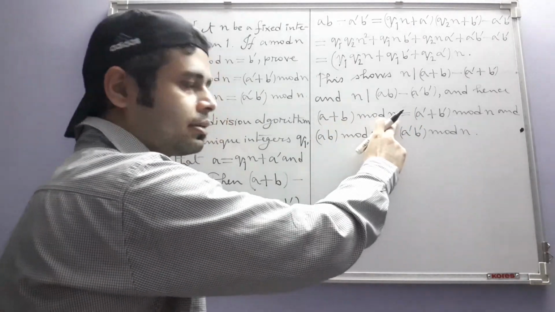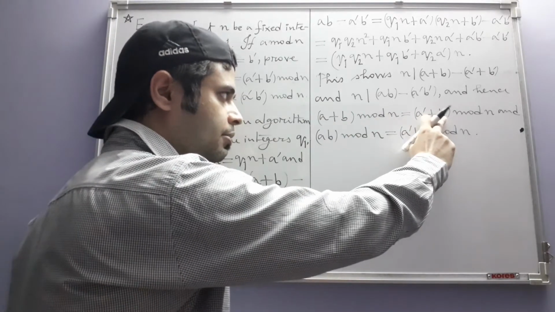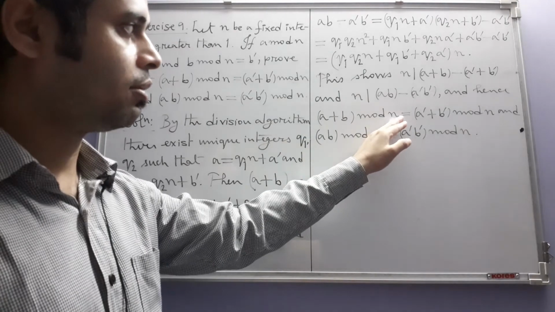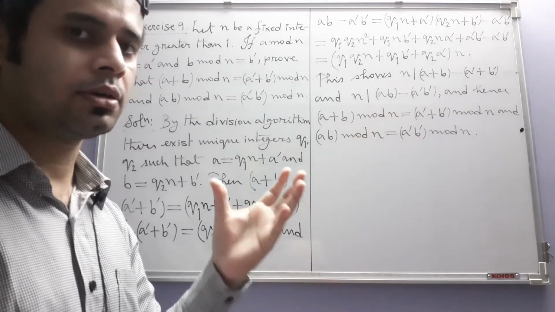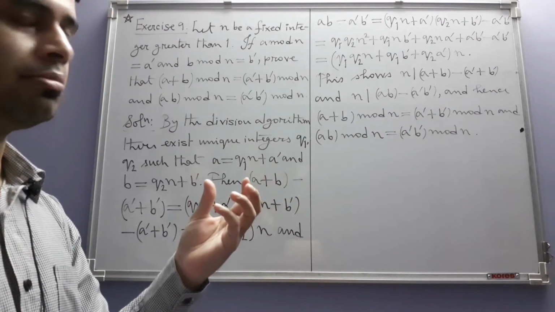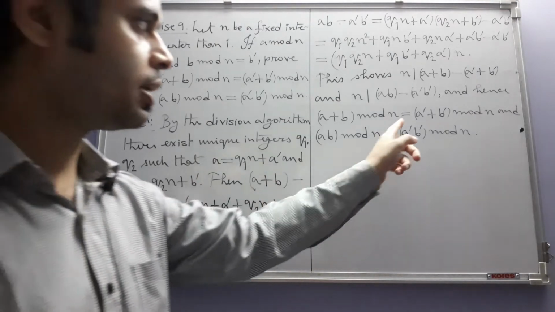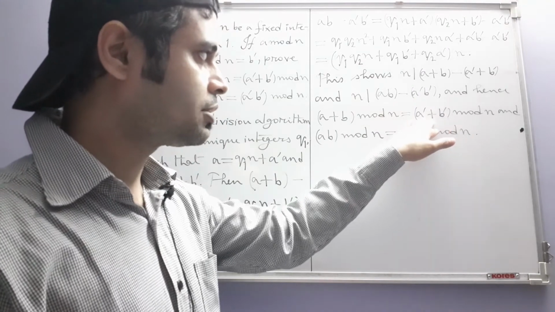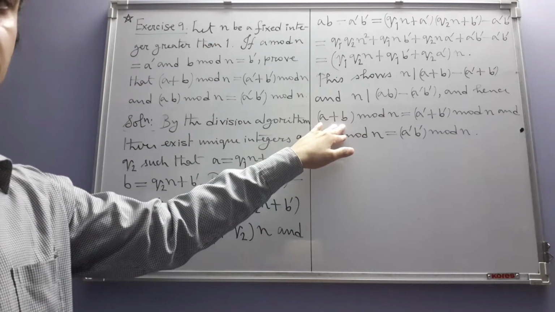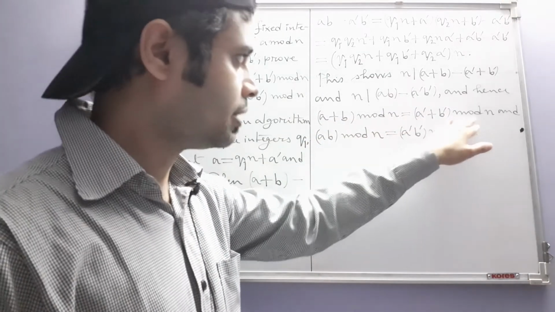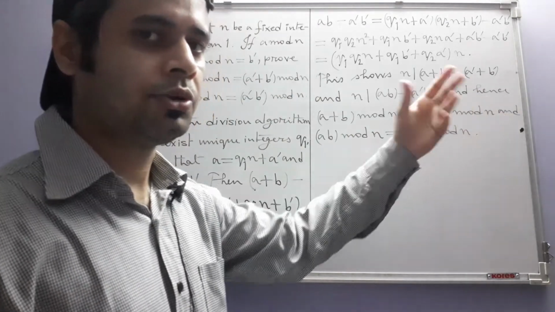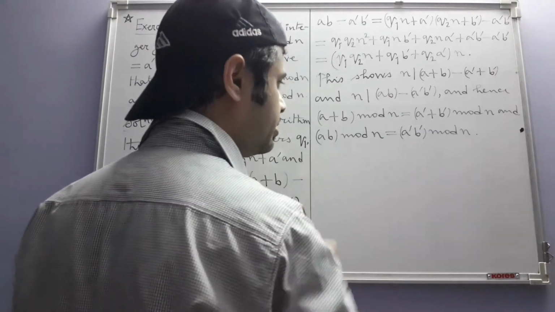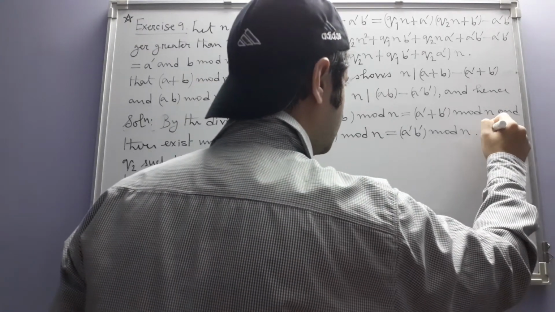Divide b by n, collect the remainder, that remainder is b prime, and then you can add the remainders. Since the remainders will always be less than n, your calculation will be significantly simplified. You then have to just add a prime and b prime, and that will be a much smaller number than the given ones, and then you can divide that by n to find the final remainder. Similarly this one. So this completes the solution.